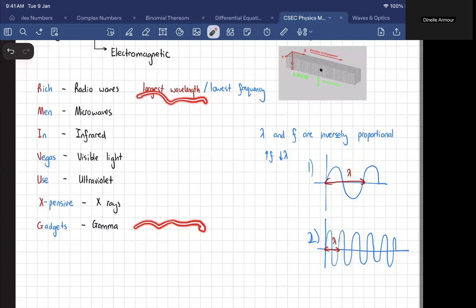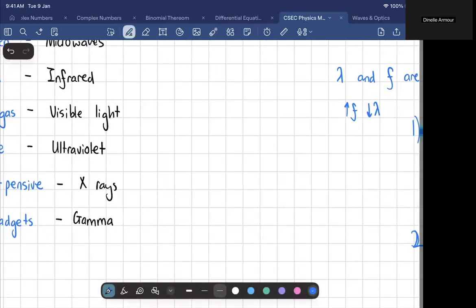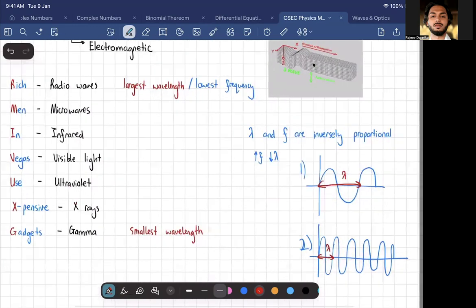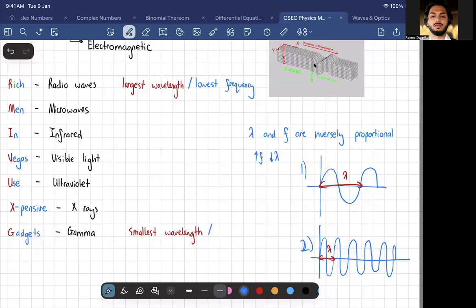Small wavelength, right? So this is going to have the smallest wavelength. But if it has the smallest wavelength, what do you think that's going to mean for the frequency? It's going to be the highest frequency.